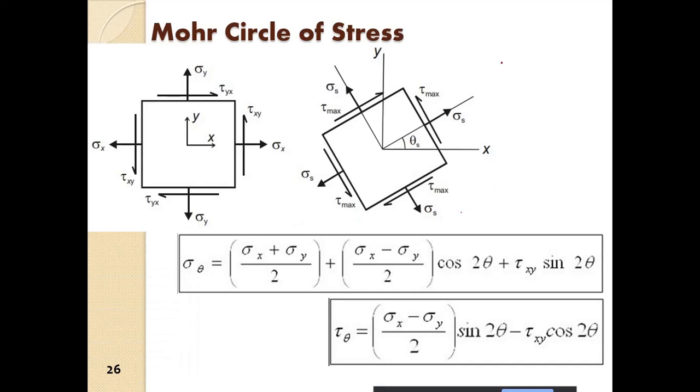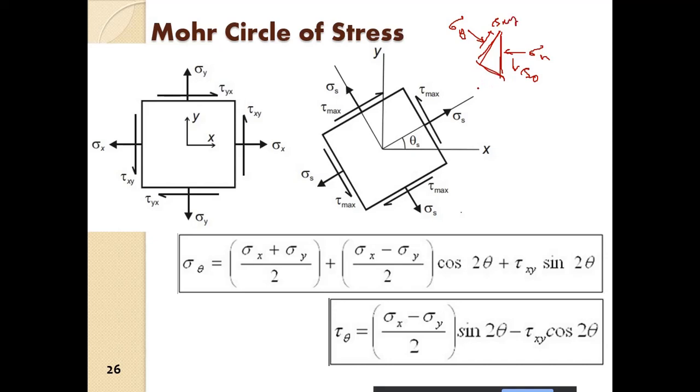So ultimately, again, you take the triangular wedge. Here in this case, this will be sigma n, this will be tau theta. Here there will be sigma y and this will be tau xy.